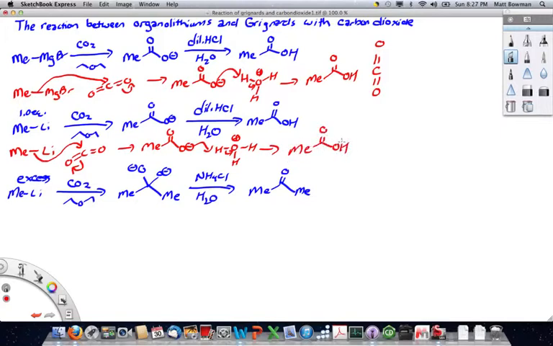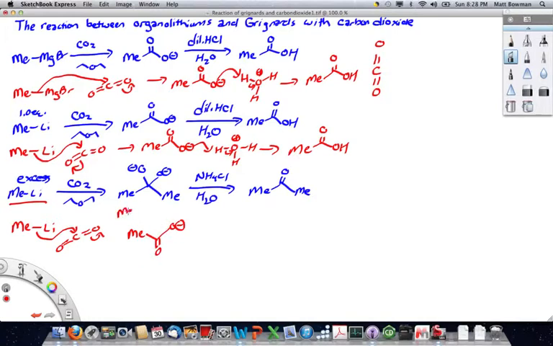But organolithiums also have the power to punch through a carboxylate resonance. And so if you have excess methyl lithium, you can actually get a different product, where the organolithium adds to the carbon, electrons go up, and form the carboxylate.